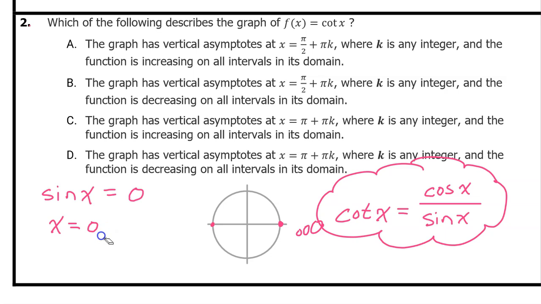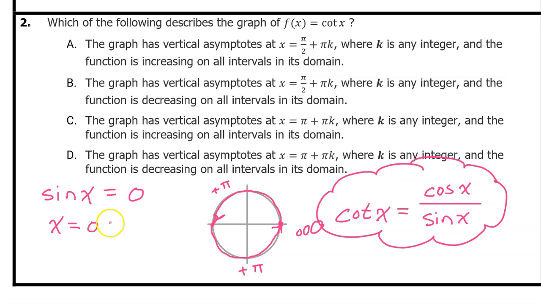So instead, let's start with our one solution, and then realize that we can get to the next solution by adding pi. What about the next solution? Well, the next solution will always be pi away. So by adding pi again, we can always get another solution.